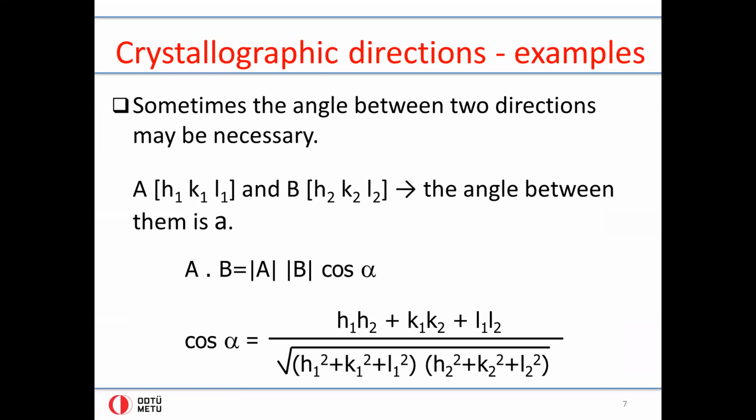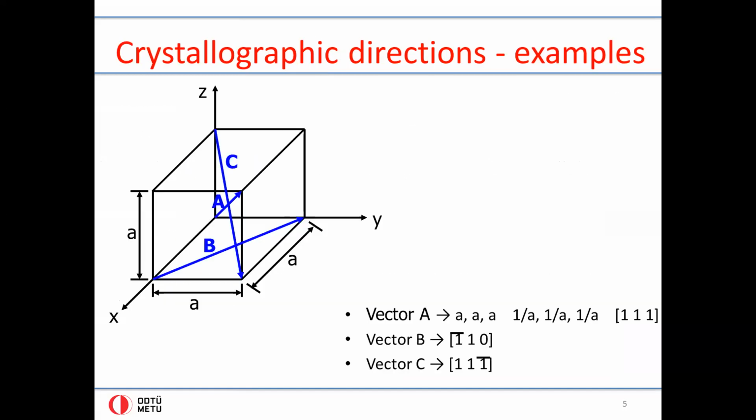In some cases, it may be necessary to be able to describe the angle between two different directions. So what that means is, for example, here, the angle between the direction A, or the vector A, and the vector C is possible to figure out using common sense and using a little geometry.